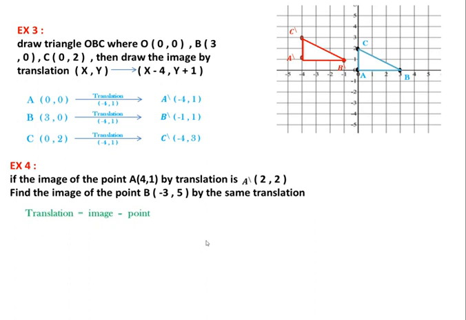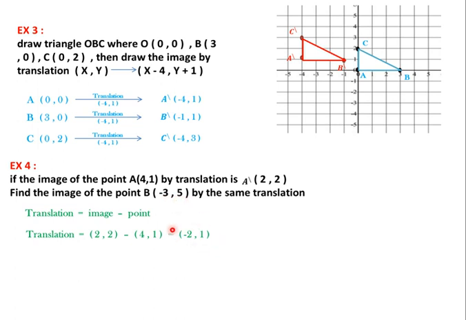The image is (2, 2) and the point is (4, 1), so subtracting (4, 1) from (2, 2): 2 minus 4 is negative 2, and 2 minus 1 is 1, then the translation is (-2, 1).